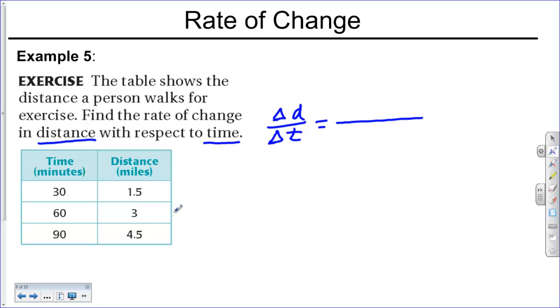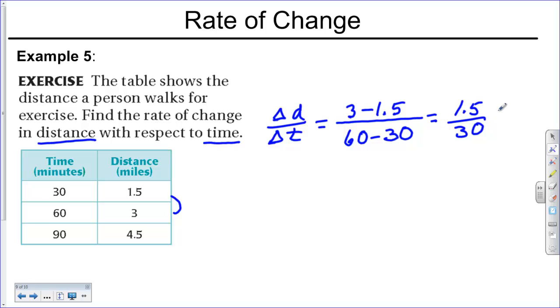Distance is here. Let's say I do the 3 and the 1.5. So I have a 3 minus 1.5, and the matching 3 was 60 minutes minus 30 minutes, and we end up equaling 1.5 over 30 minutes.